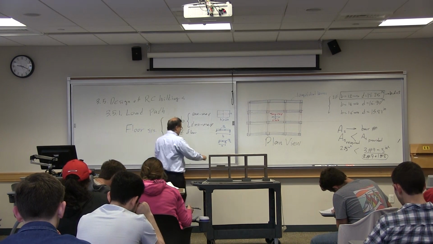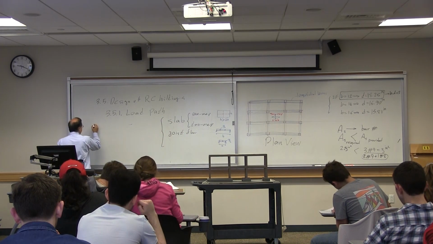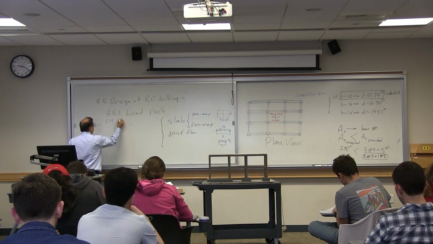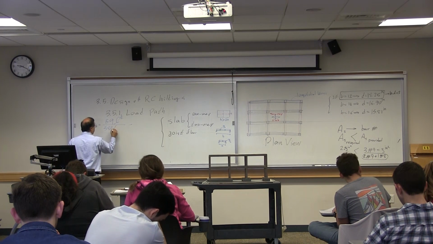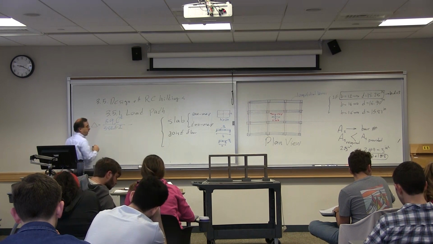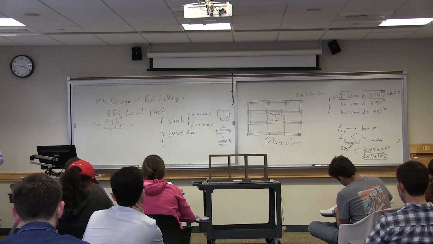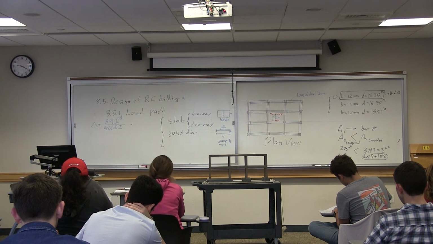We know that slab or beam deflection under distributed load is 5QL to the power of 4 divided by 384 EI. So that's the deflection you have seen in your structures or statics class.